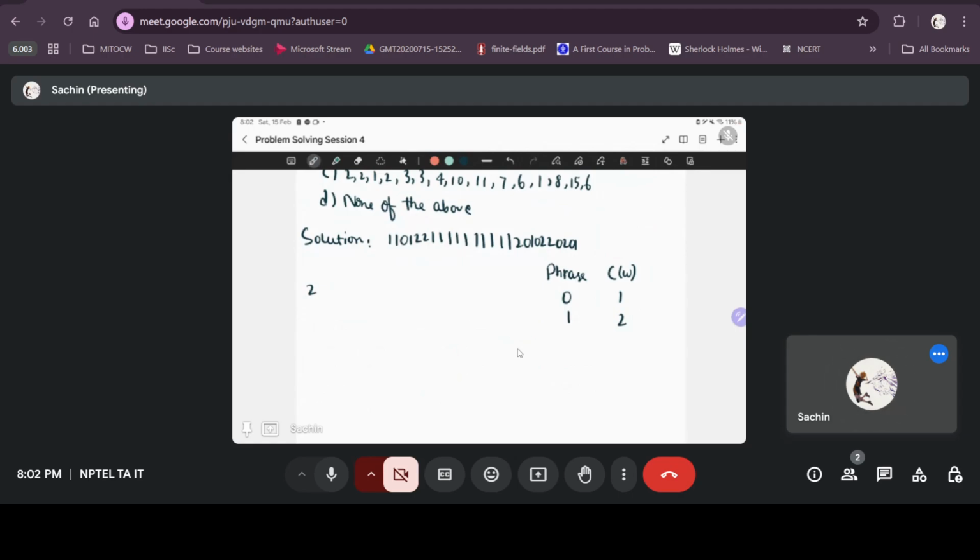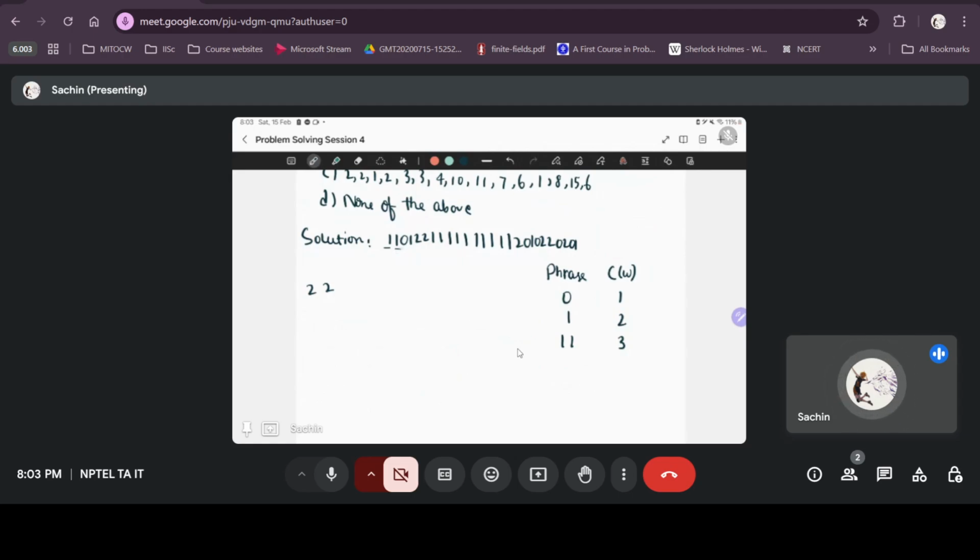Then 1 1 is not a phrase in our dictionary, so you have to include 1 1 as a phrase in your dictionary with index 3. Next, you have to encode the second one as 2.